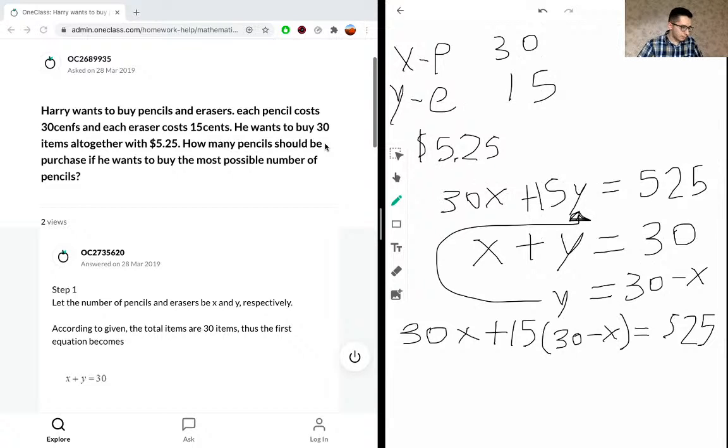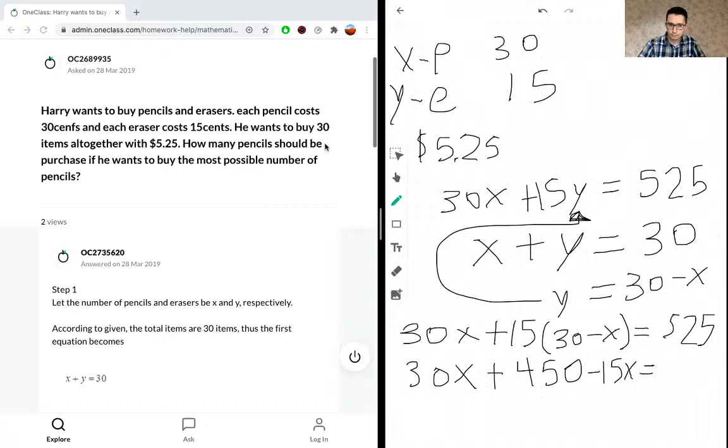The next thing we want to do is expand this out first. So 30x plus, 15 times 3 is 45, and then we add the 0, so 450. And then 15 times negative x is negative 15x.